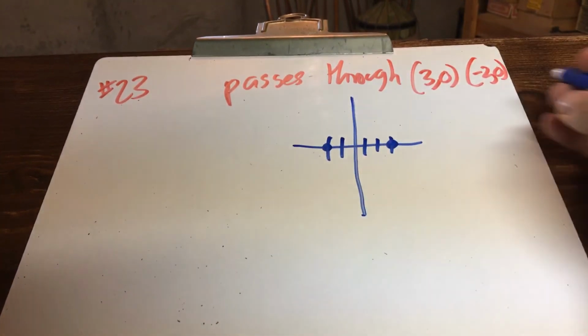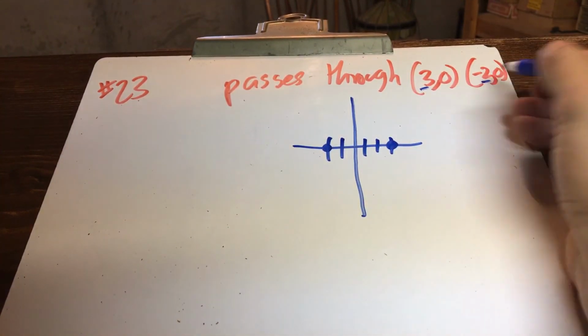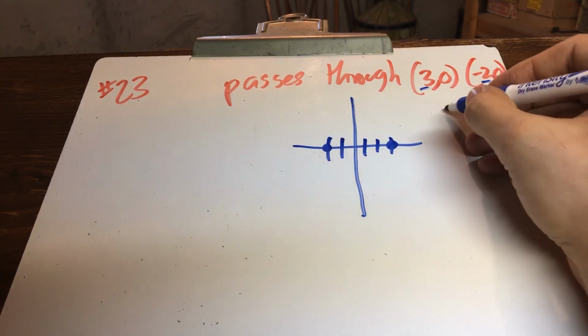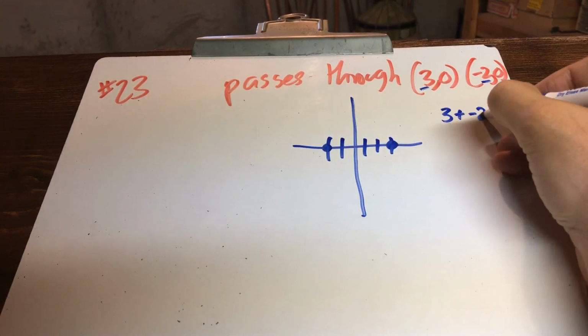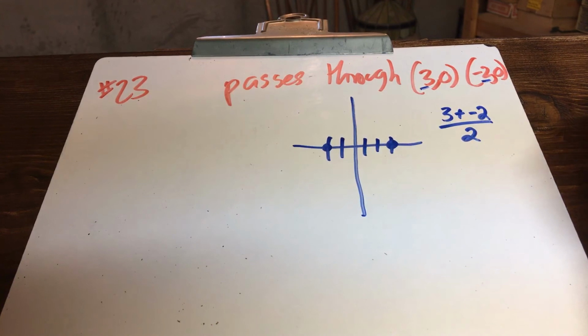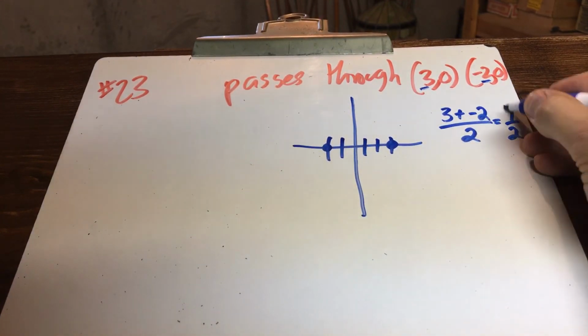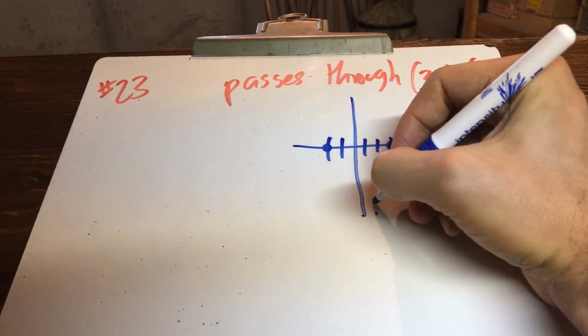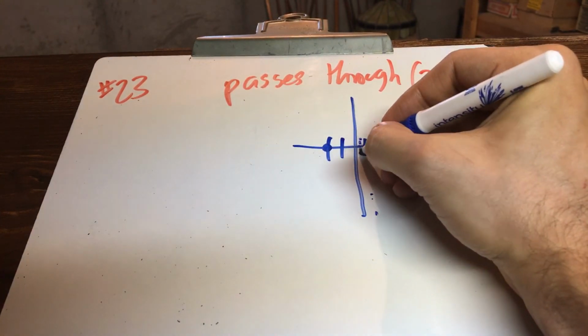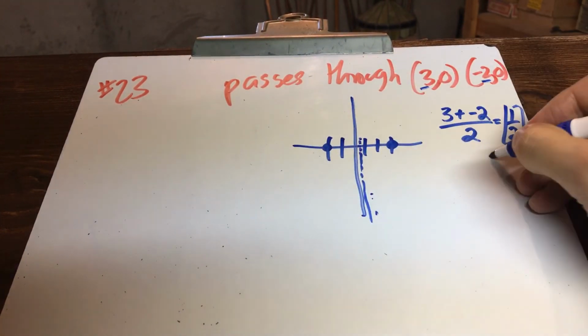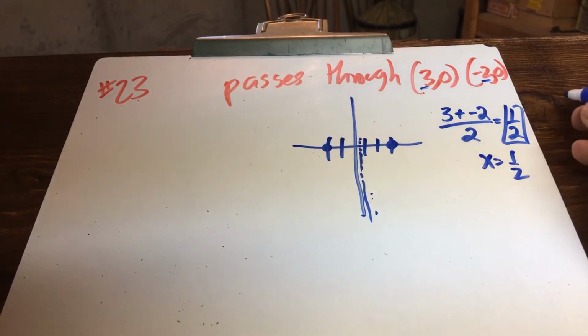It's always the midpoint, right? It's always what's halfway in between. What's halfway in between 3 and negative 2? Well, you could do 3 plus negative 2 and divide it by 2. And of course, I picked one that's going to be a fraction. That's going to be 1 over 2, that's going to be 1/2. So I know my graph goes through right here at 1/2. My axis of symmetry is going to be 1/2.